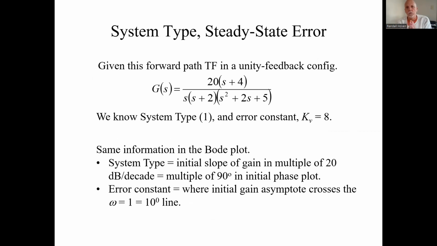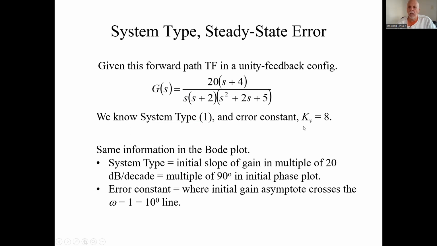Let's get into the first couple things, system type and steady state error. If you were given the transfer function, you found the system type by the power of any S's in the denominator, poles at the origin. If it's a single S to the 1 power, that was a type 1 system. If there was no such S, that was a type 0 system. And if it was an S squared here, a double pole at the origin, that would be a type 2.